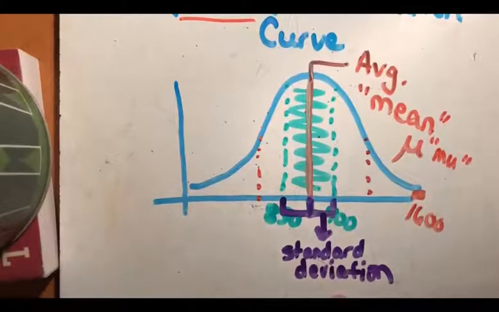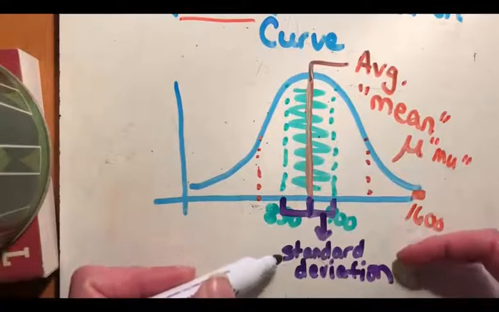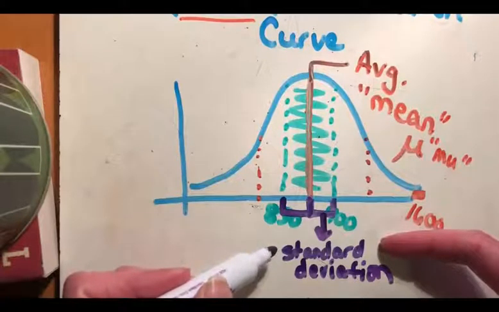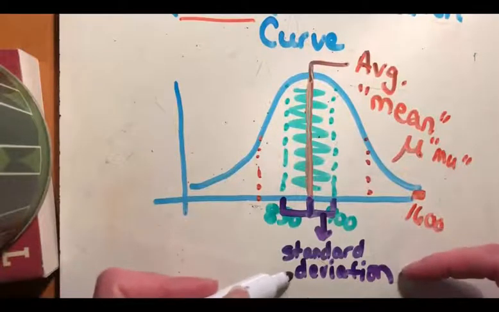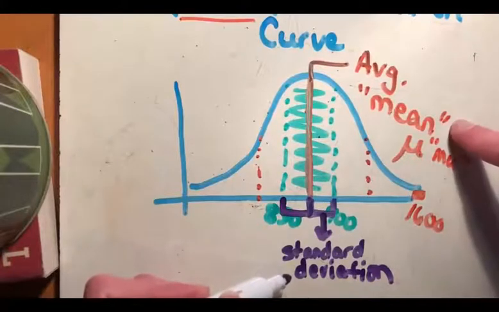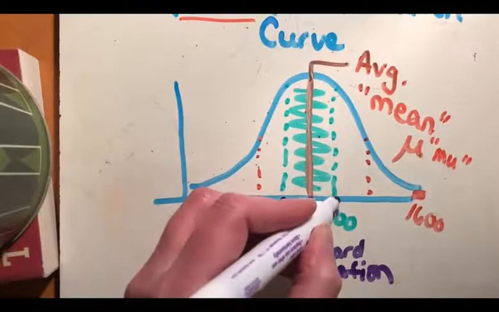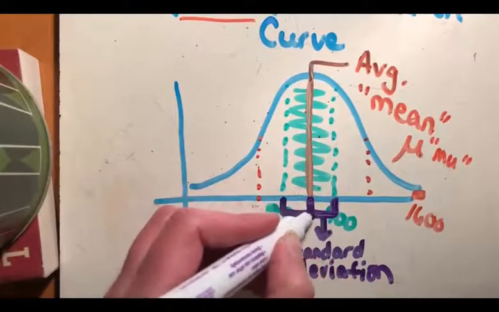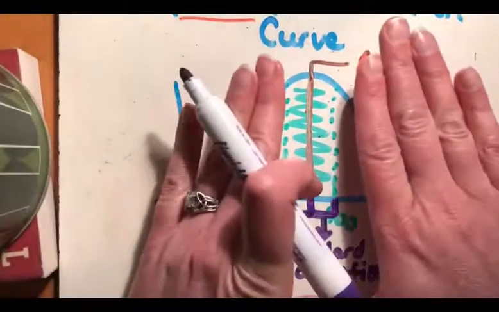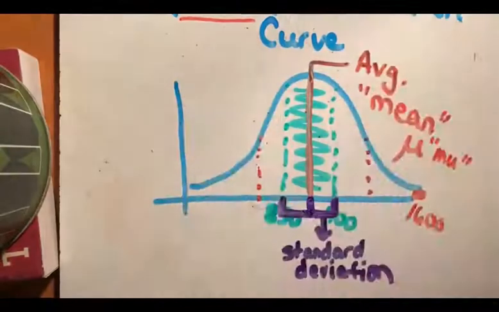Now, a standard deviation, if we break those words down, really makes sense about what it's doing. Standard means kind of normalized, or what is an expected deviation, or an expected difference from the mean that we have. So we have one standard deviation above the mean and one standard deviation below the mean. And that gives us this kind of middle ground here that we expect most people are going to fall within.